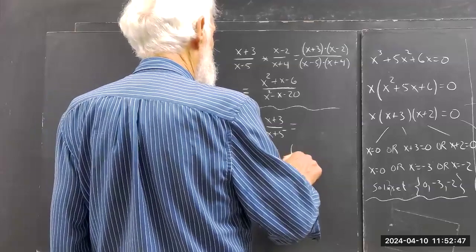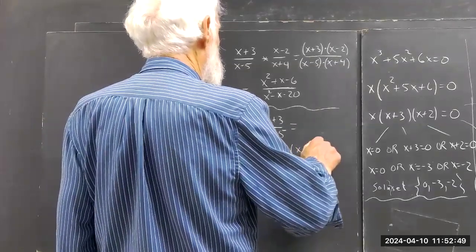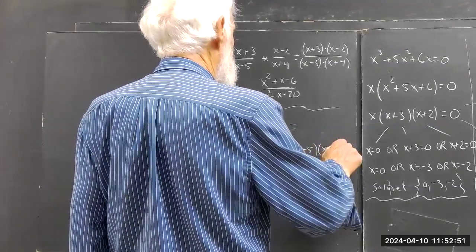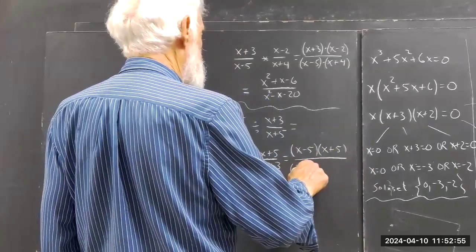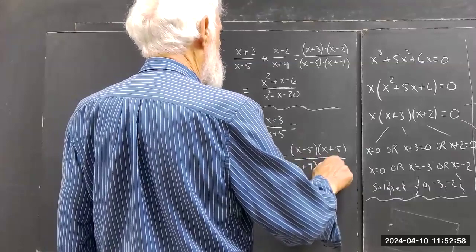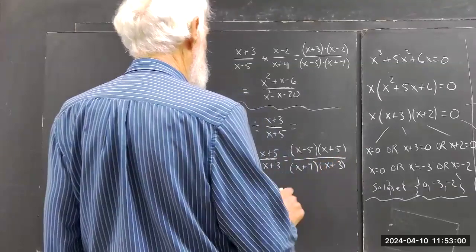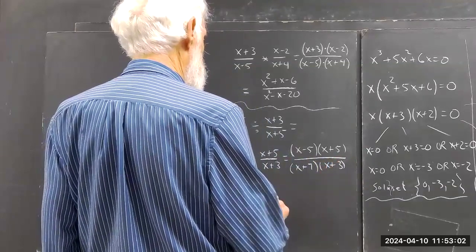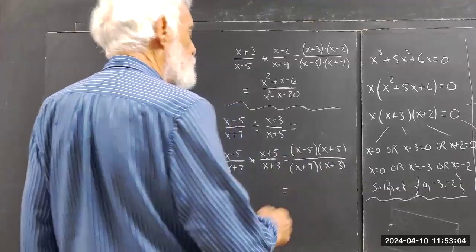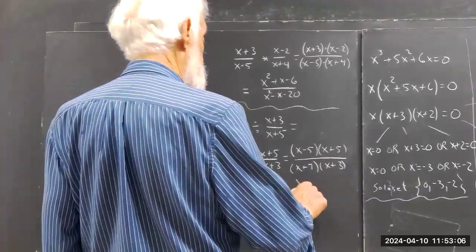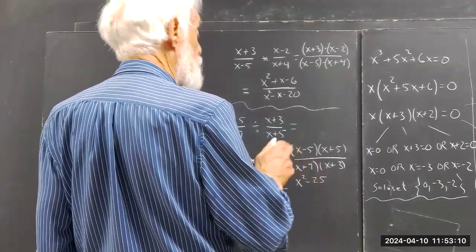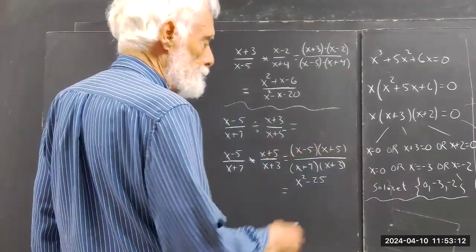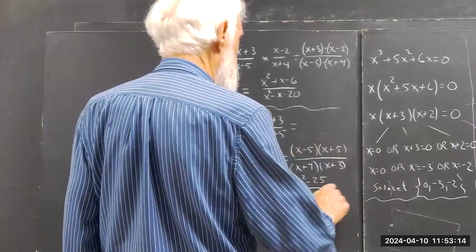And that gives us (x minus 5) times (x plus 5) divided by (x plus 7) times (x plus 3). And that equals, we use a distributive law or special products. In this case, we have a special product like x minus 8 times x plus 8 is x squared minus 8 squared, so here it is x squared minus 5 squared.